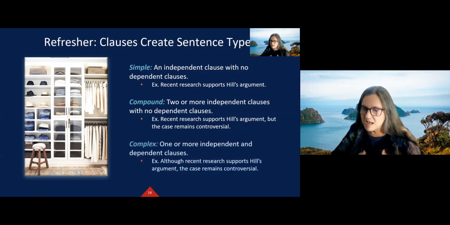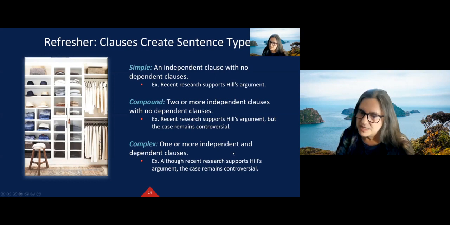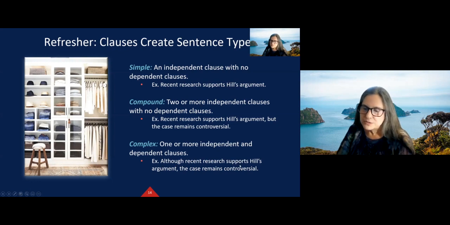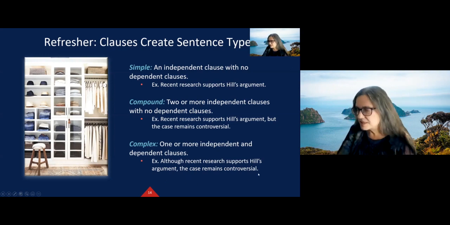And finally, a complex sentence: one or more independent and dependent clauses. So the dependent clause is created with the word although. Although recent research supports Hill's argument, comma, the case remains controversial.